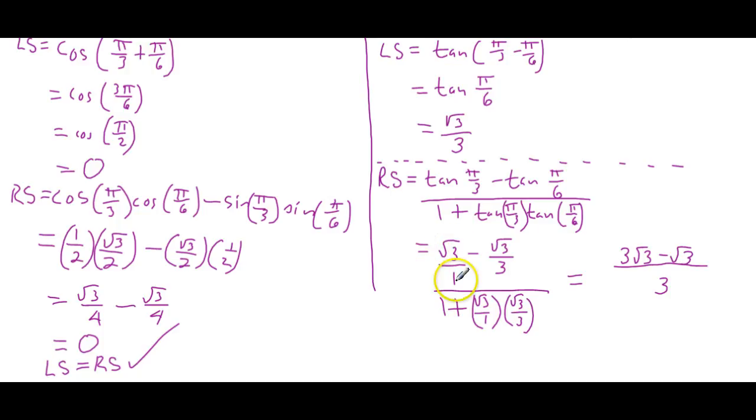This is root 3 over 1. So we write it as 3 root 3 over 3, multiplied by 3 top and bottom, over 1 plus, okay, root 3 times root 3 is 3, and 1 times 3 is 3. So this is just 1 plus 3 over 3. Let's write that, 3 over 3.